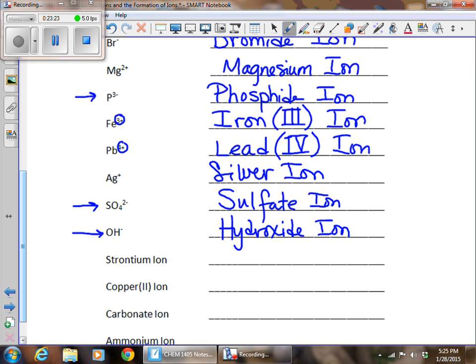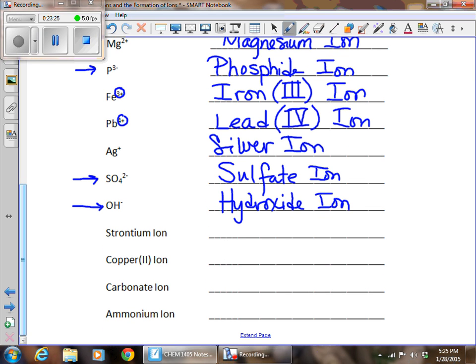Now we can go the other direction too. If we're dealing with the name of an ion and we want to write the formula for it, that's where our periodic table that we just did comes in handy. Notice this is strontium, this is copper 2. Both of those are elements. Look at the last ones. This is carbonate.